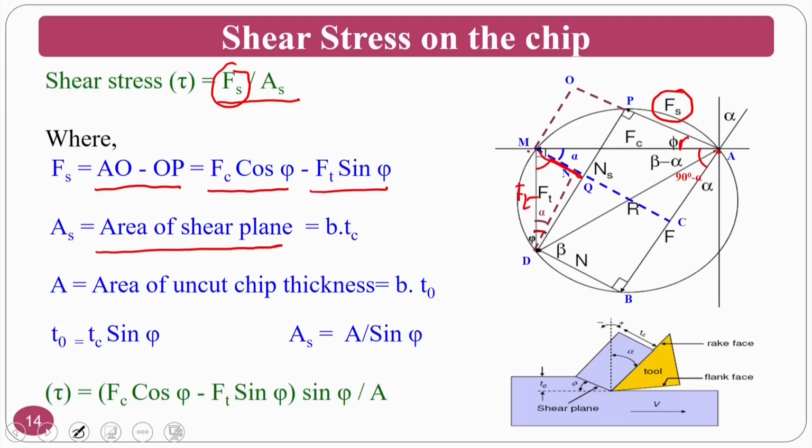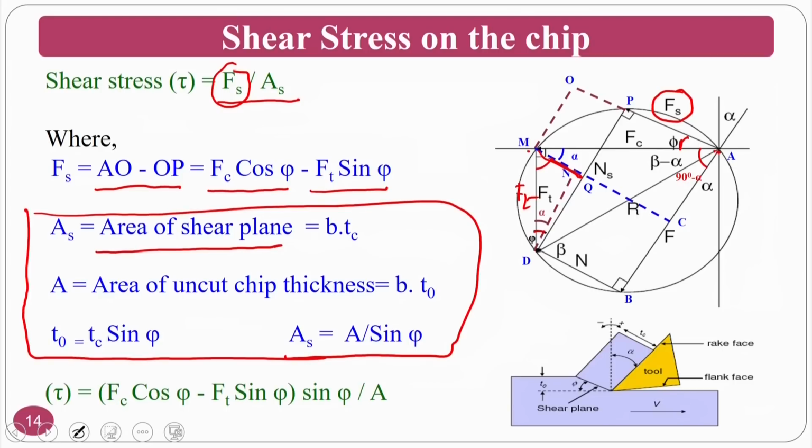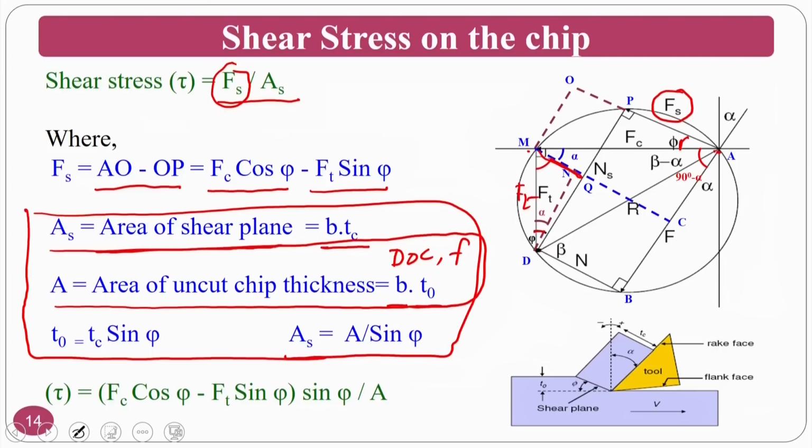From the previous slide, these are all the same, where the area of the shear plane is nothing but B into TC, where TC is not known, and the area of uncut thickness is nothing but B into T naught, where T naught is the feed, B is the width, that is the depth of cut. So depth of cut is known and feed is known, so you can know this value.